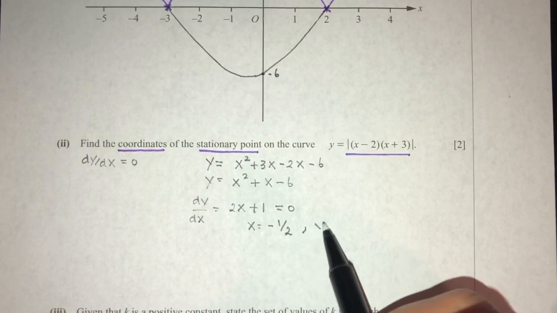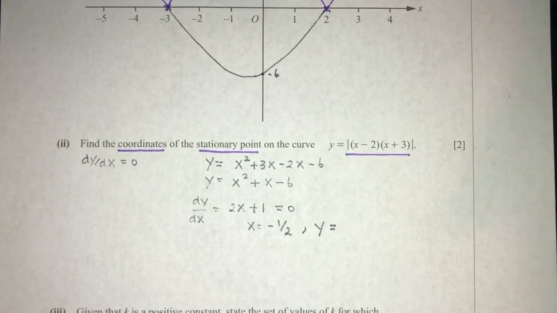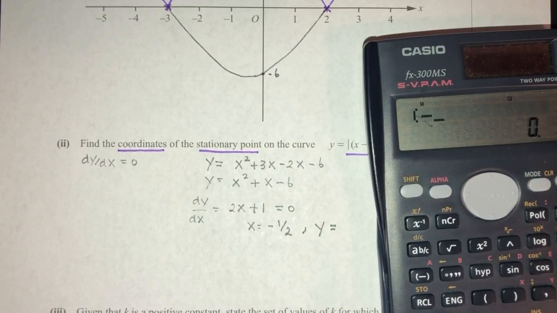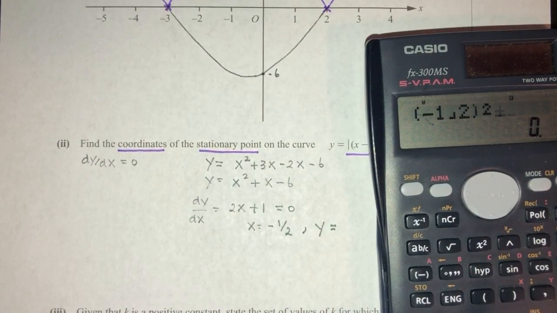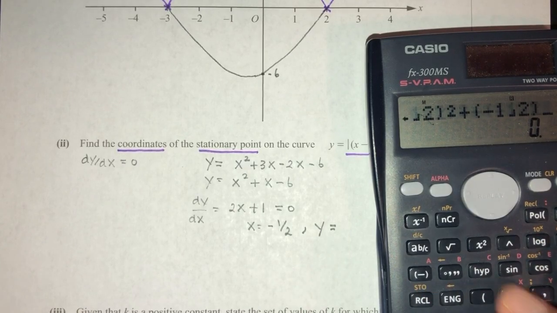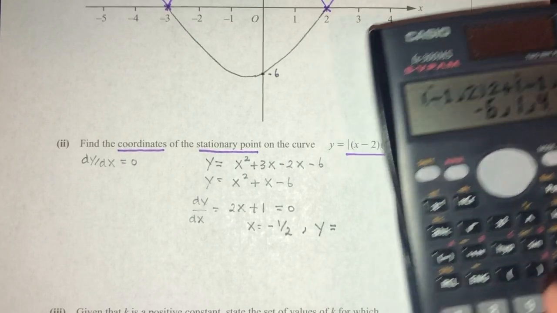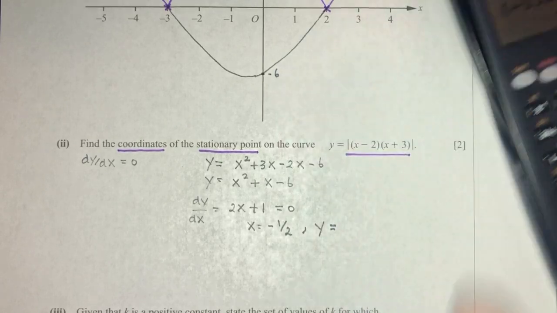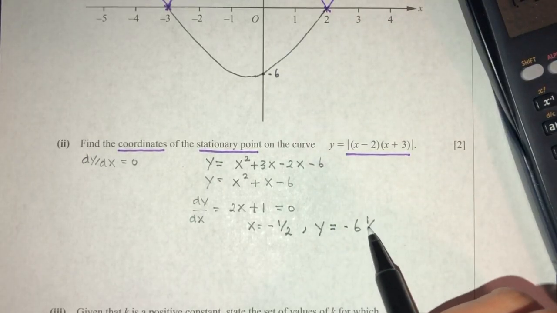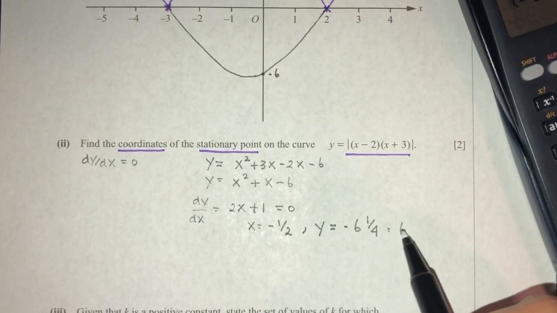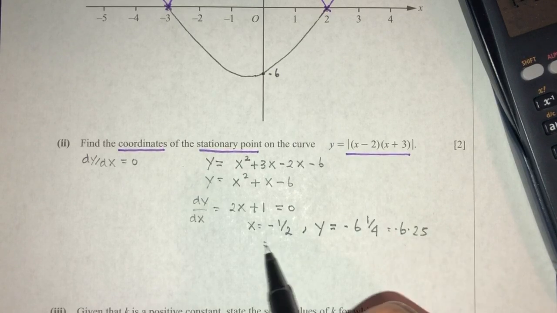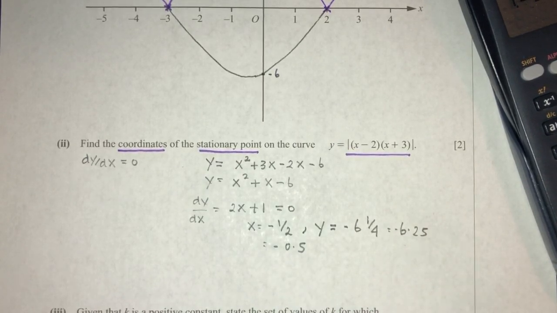And then what will the value of y be? Replace back in your main equation. That will be minus half squared plus minus half minus 6, which is minus 6 and 1 over 4, which is basically minus 6.25, and this is at x equals minus 0.5.